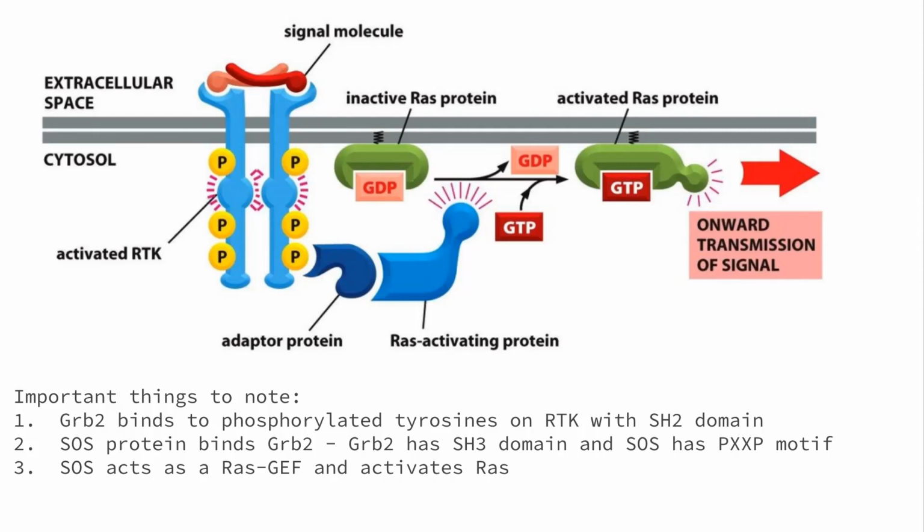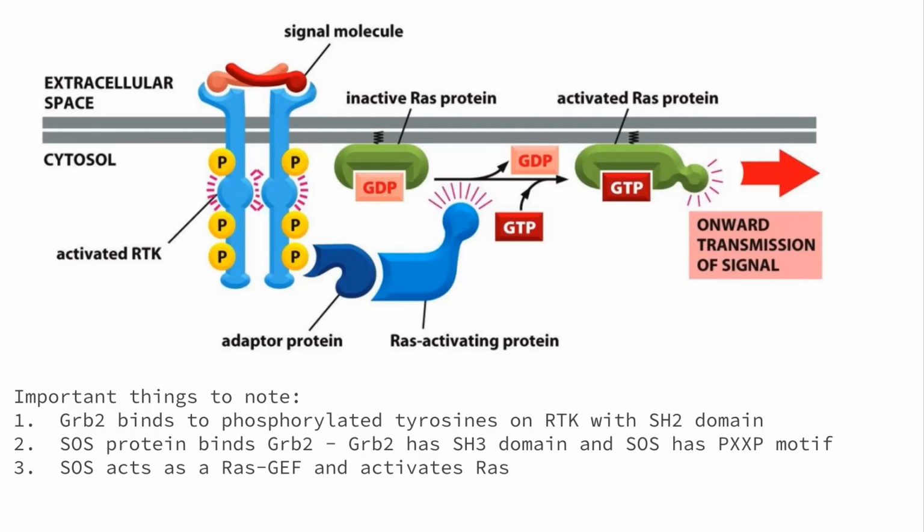So the GRB2 protein has both the SH2 and SH3 domain, and then the SOS protein has the PXXP motif. And then once the SOS protein binds the GRB2 and gets activated, it acts as a RAS-GEF, which then activates RAS. So the RAS protein is anchored in the cell membrane, and in its inactive form, it's bound to GDP.